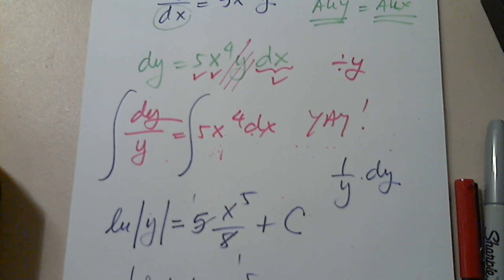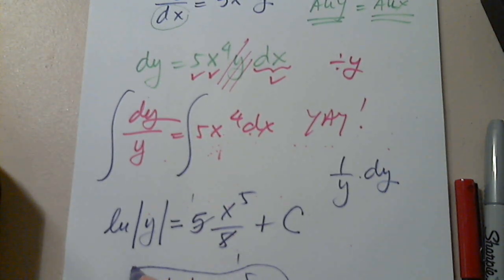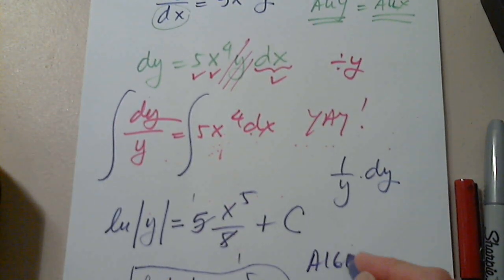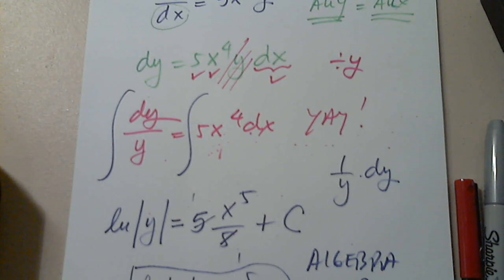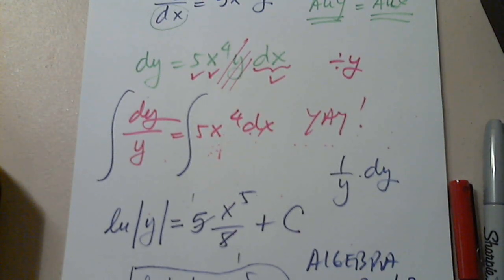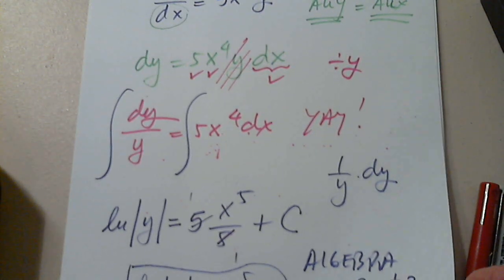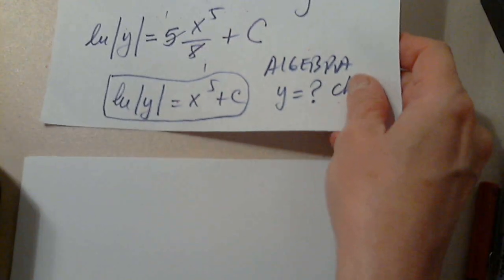This is good, but not good enough. Now I have to use algebra to solve for y. Now we have to dig deep. Not that deep, it's chapter 3. We solved these equations in chapter 3. Let me start a new page and copy this because I don't have enough room.